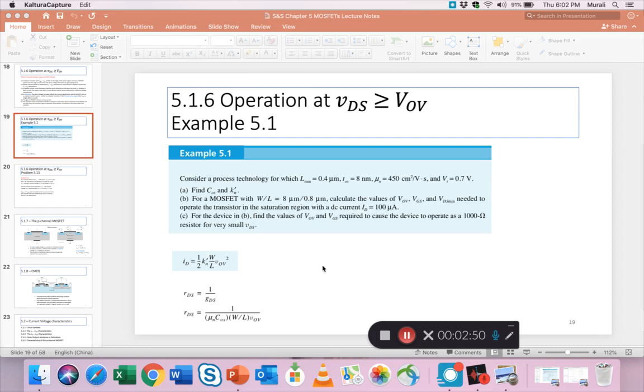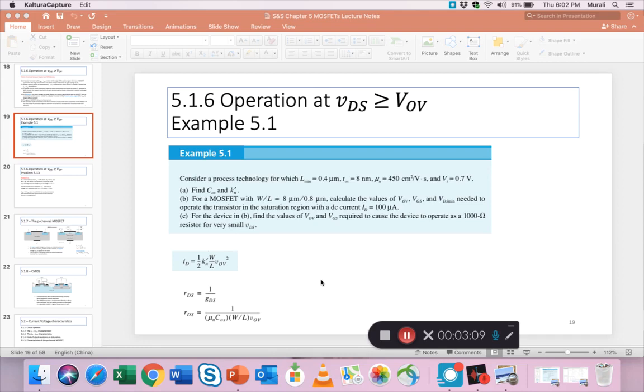A lot of this data, the physics of the device, is given, and we are asked to find COX, which is the capacitance, right? And also this process parameter Kn prime.